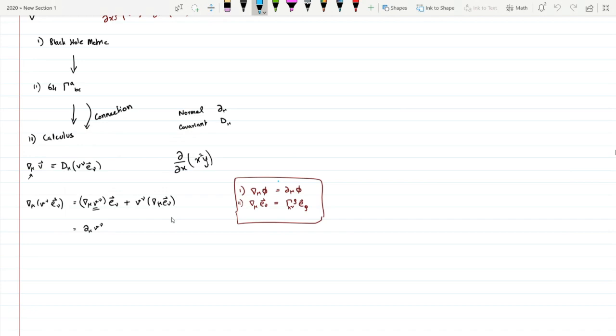And this gets multiplied by plus v mu. And we use the second equation here, which is we need a big Christoffel symbol. Okay, what comes on top?